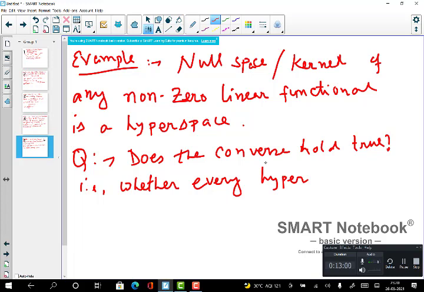We just proved that the null space of a non-zero linear functional is a hyperspace, right?